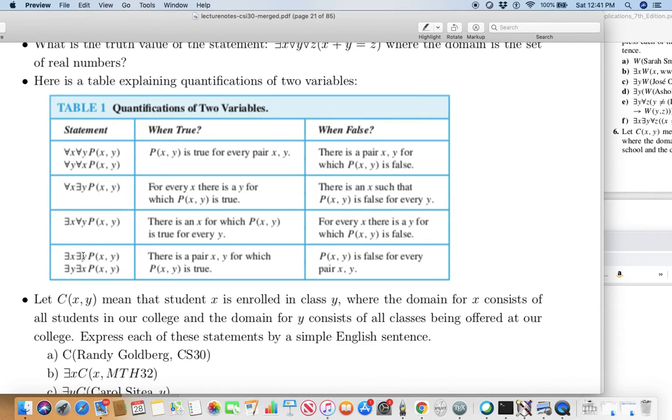Next one. There exists x such that for every y, pxy. There is an x for which pxy is true for every y. What is the negation, or when is this false? For every x, there is a y such that pxy is false.